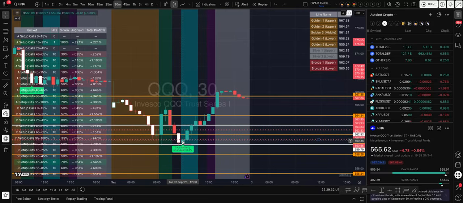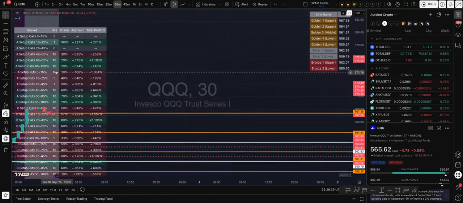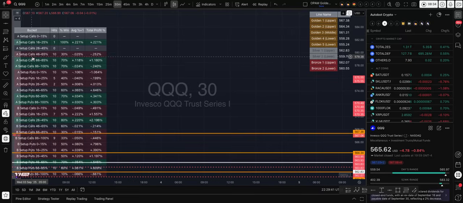So someone can basically take this one, even though it says a setup 60% on calls is right around this area.